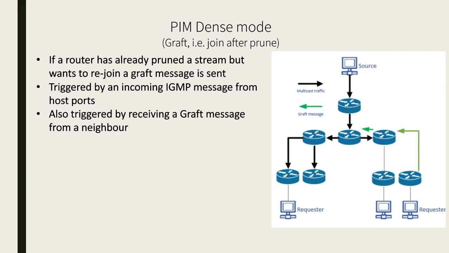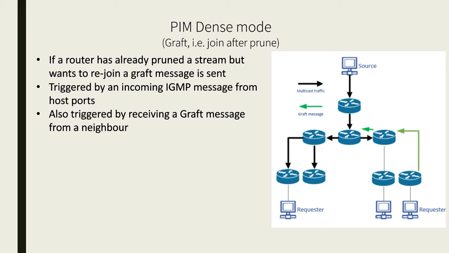Now obviously if one of these requesting devices or end receiving routers is interested in traffic after they've pruned, they need to have some kind of method by which those end devices can actually receive the traffic. And so this is where the graft message comes into play.